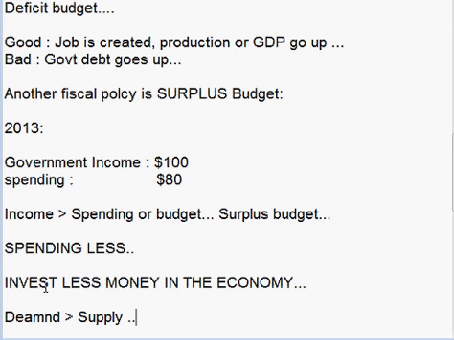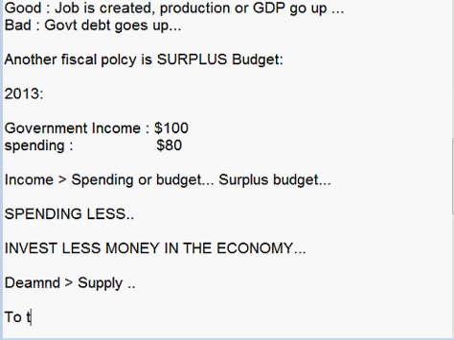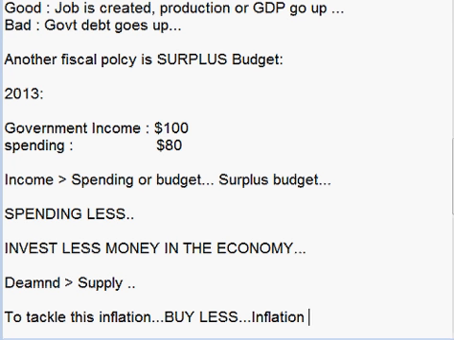So to tackle this inflation, the government buys less. As a result, demand for goods and services goes down, because the government is buying less, and inflation also goes down.